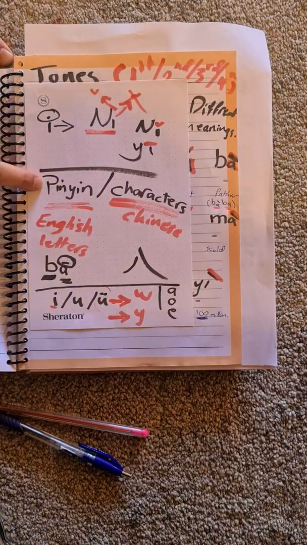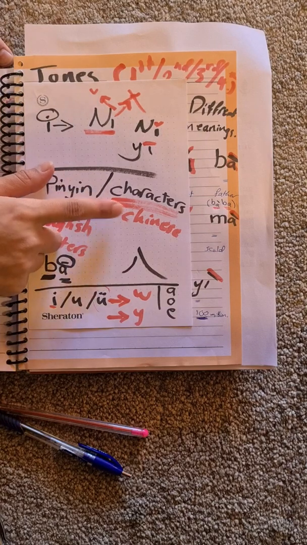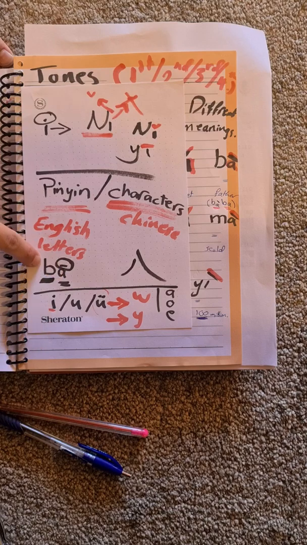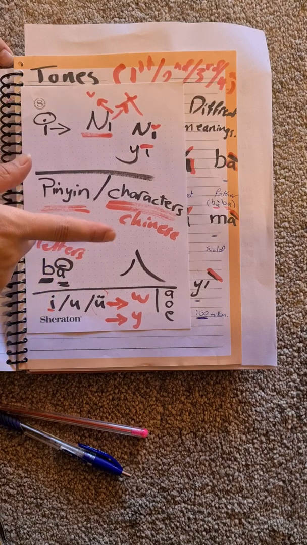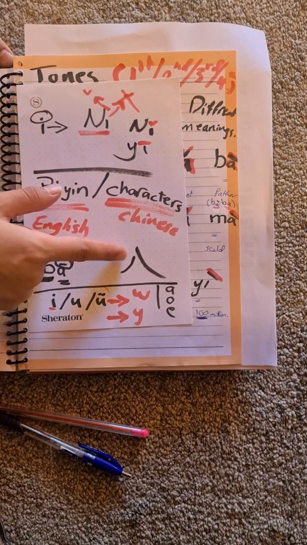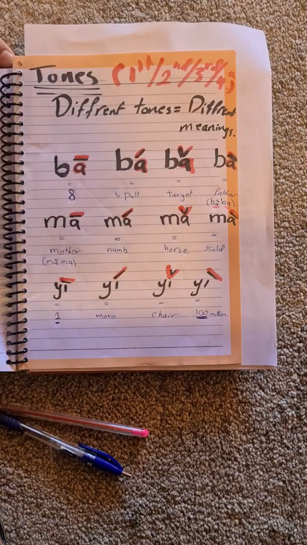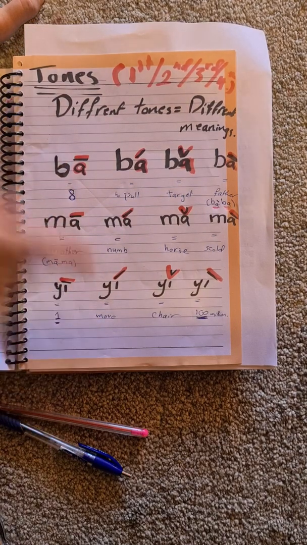Then we said that we have the pinyin and we have the hanzi, or the Chinese characters. The pinyin means the English letters when you have the initials, the finals, and the tone. And the characters, or the hanzi, is when you have the Chinese way of writing it. Then we talked about how different tones mean different meanings, which means if you pronounce the tone with a different shape, you're pronouncing totally different words, and we took examples about it.